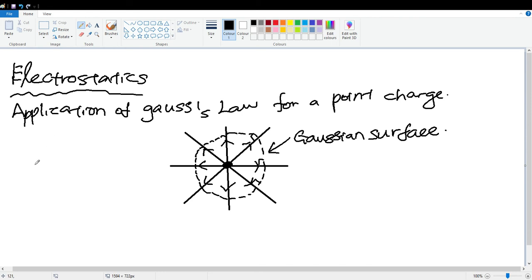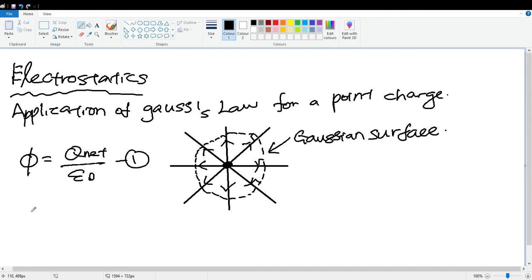Based on Gauss' law, the electric flux passing through the Gaussian surface equals the net charge divided by the permittivity of medium. In this case, we consider the inside as vacuum, so the value is epsilon naught. This is the first formula.